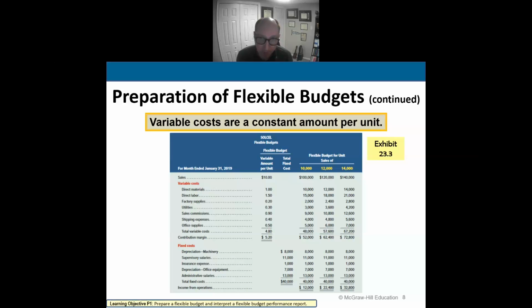That's what makes it flexible. And then I have my fixed costs. Fixed costs don't change regardless of the level of activity, so those will be the same for low, medium, and high. The variable cost will change based off of the number of units being produced.